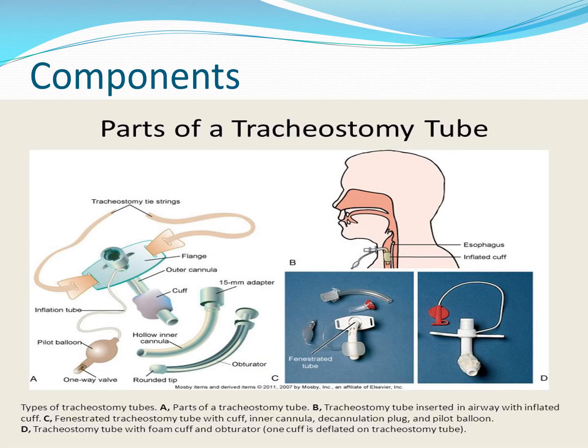This figure or image actually depicts the parts of the tracheostomy tubes. So you have the retaining ties or strings. You have the pilot balloon and the pilot balloon tubing. You have an outer cannula that has a cuff that can be filled, again, through the pilot balloon.